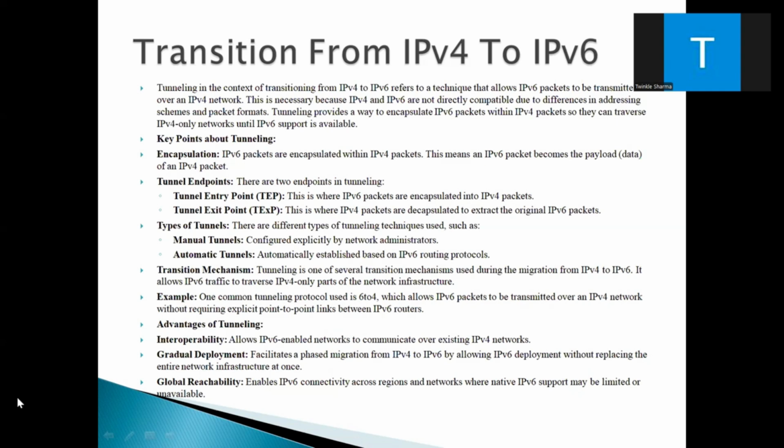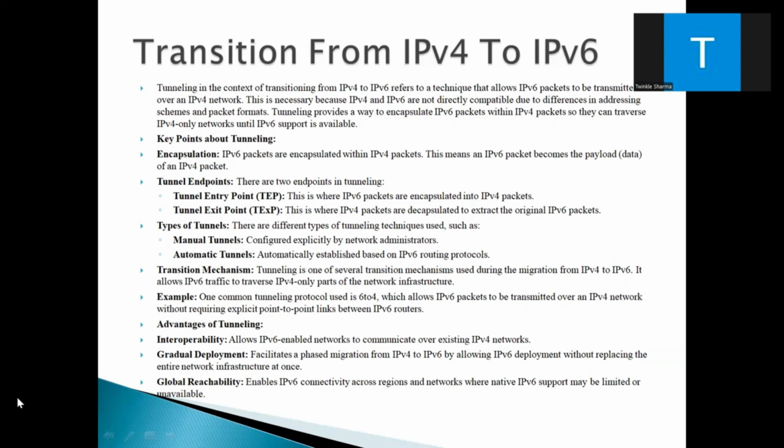The entry point is where IPv6 packets are encapsulated in IPv4 packets. Encapsulated means it is covered by IPv4. And the exit point is where IPv4 packets are decapsulated to extract the original IPv6 packet. Okay, decapsulated: the cover I put on the IPv6 packet will be removed.